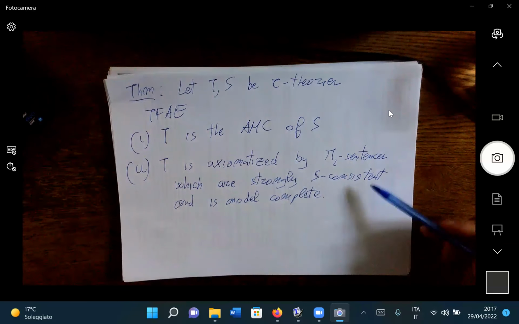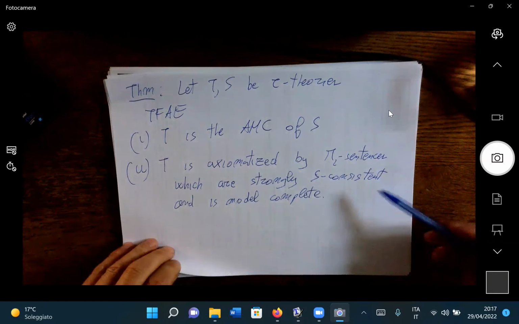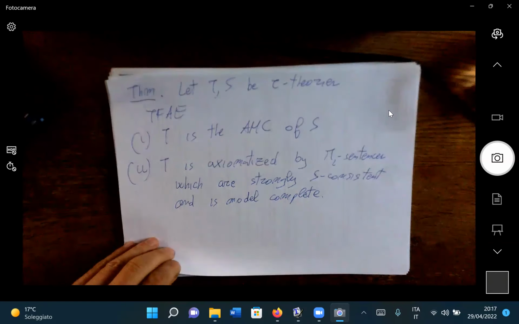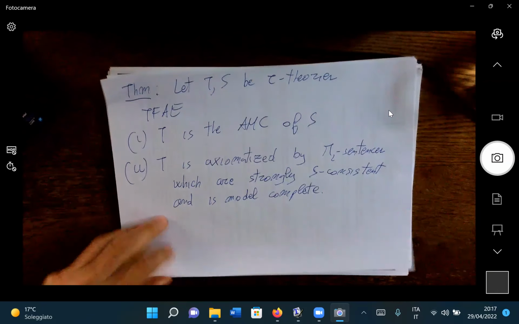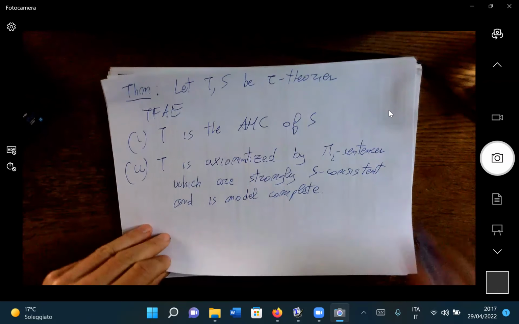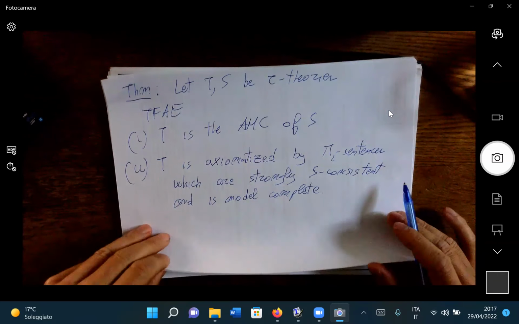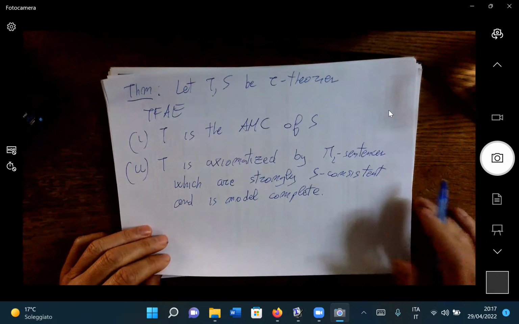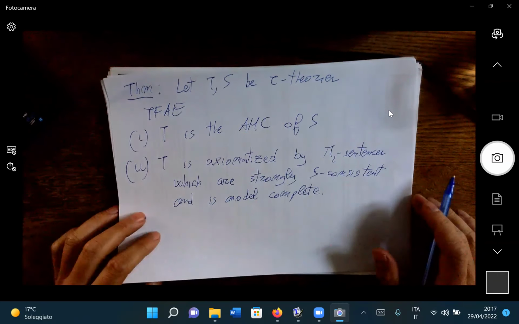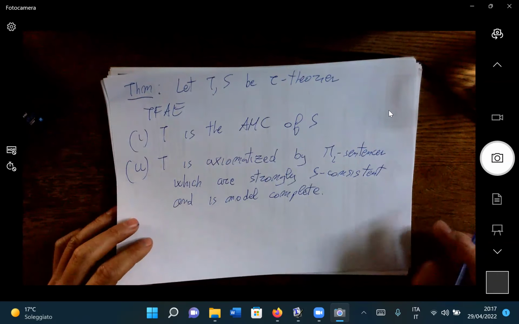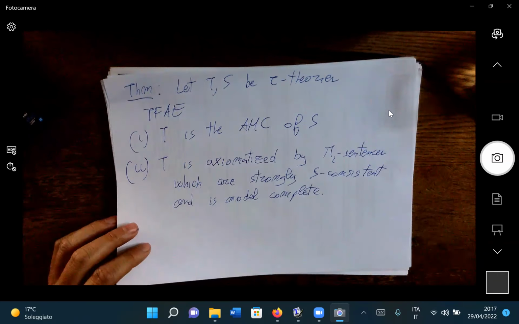So the strongly S consistent pi2 sentences give the axiomatization of the absolute model companion of S when it exists. The point is that the existence of an absolute model companion, or of a model companion, is an absolutely non-trivial property. So in general, you should not expect that the theory has it.